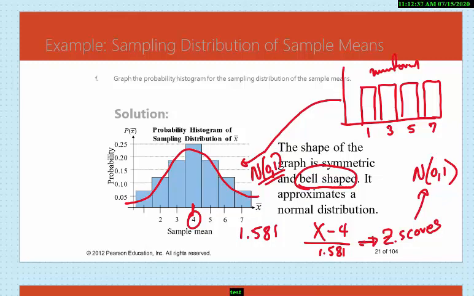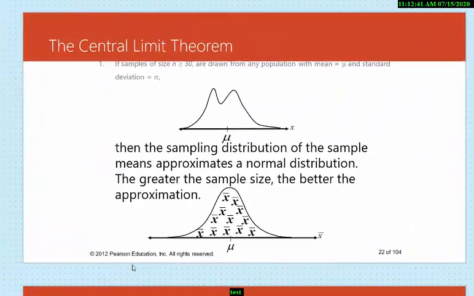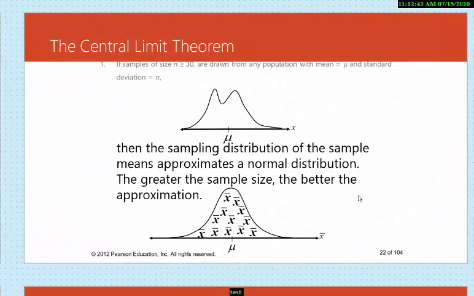Why is it important? Because basically, look at what's happening here. You start with a distribution that may have any format. It may have any kind of strange look, like, for example, the one that you see right here, or it may look like this. It doesn't matter how it looks.